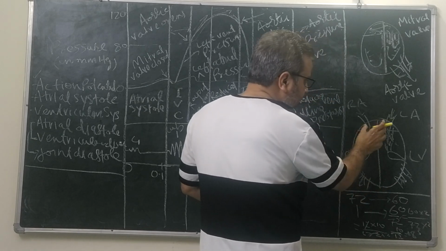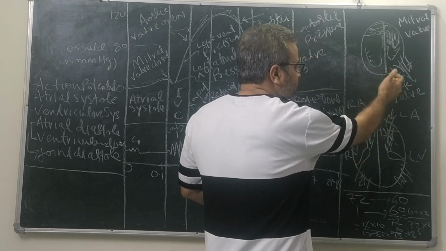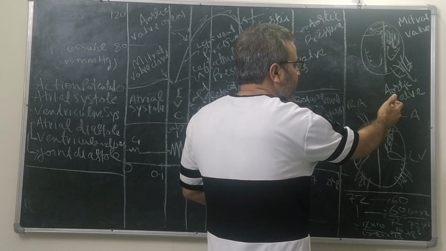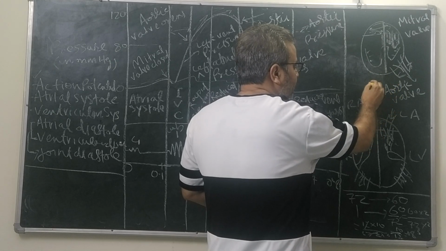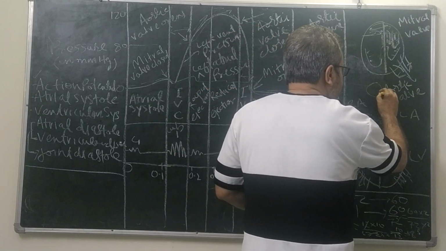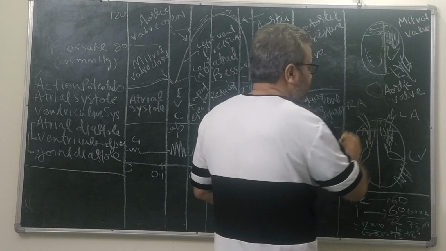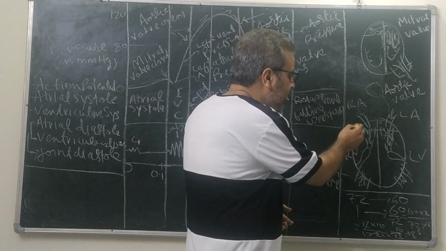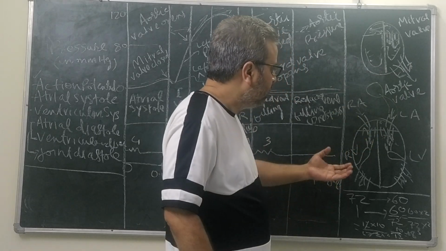This left atrium is connected through the pulmonary vein to the lungs. And these are the systemic veins, or vena cava, which join the body to the right atrium.